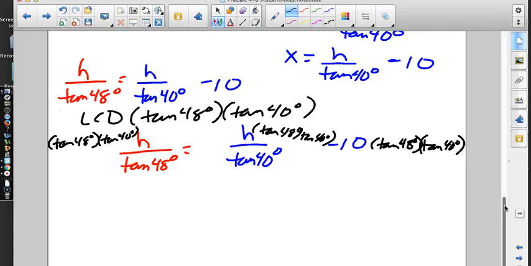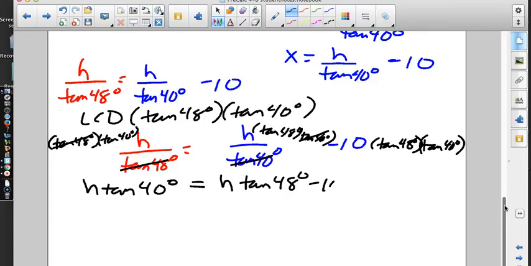First fraction, tangent of 48, and cancel out. First blue fraction over here, tangent of 40, going to cancel out. Unfortunately, nothing gone out of this.